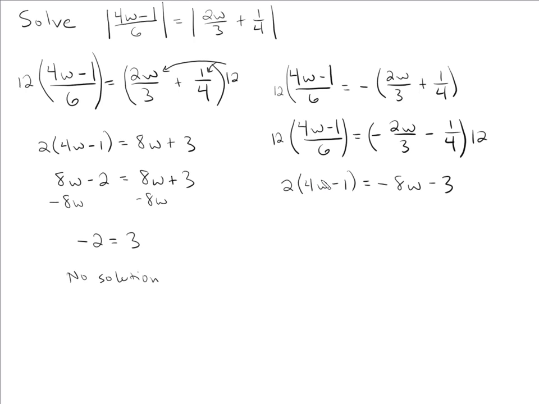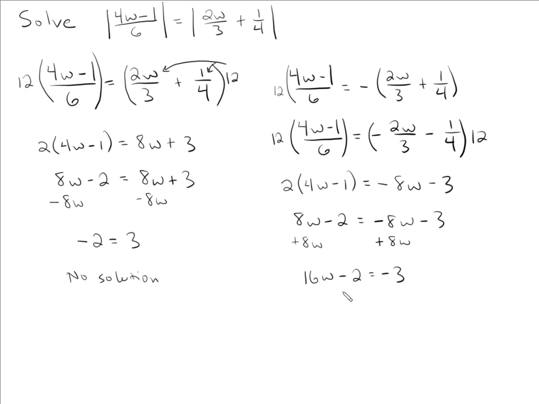Okay, then we'll distribute the 2 here. We'll get 8w minus 2 is equal to negative 8w minus 3. Okay, now the w terms are not going to cancel. So to solve this one, we will add 8w to both sides. And that's going to, on the left side, give us 16w minus 2 is equal to minus 3.